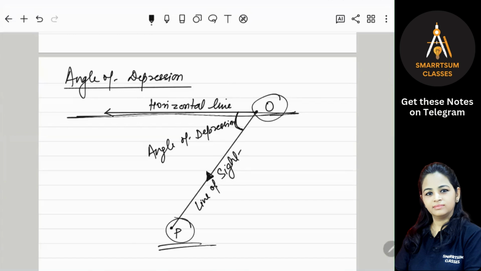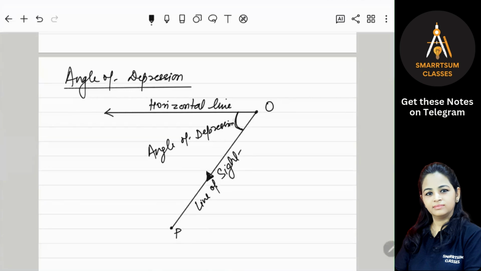It is here, which is below the level of the eye. So now you need to look down at an object P. So the angle which the line of sight is making with the horizontal line, this angle is called the angle of depression of P as seen from O. Was that clear? So this is how we can define the angle of depression.